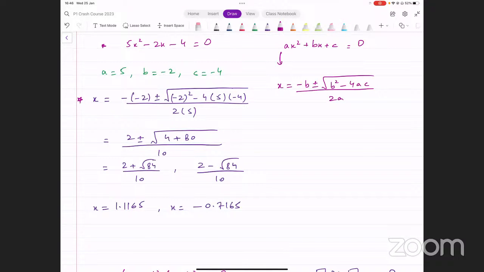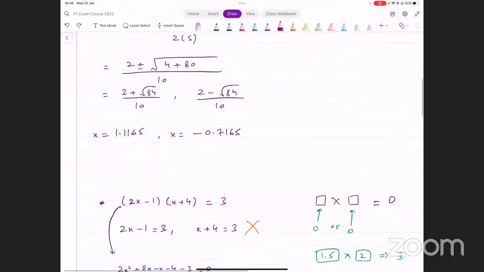At least these steps are important. After this, you can write down the answers. If you write down the answers directly without showing these steps, you don't get any marks for that. Please make sure that you remember that.